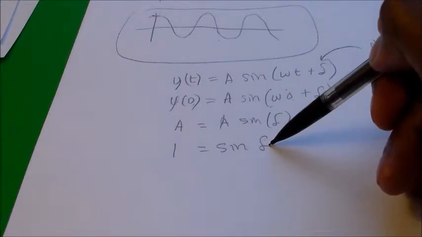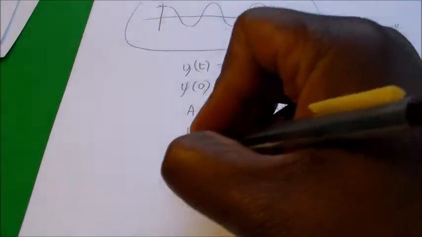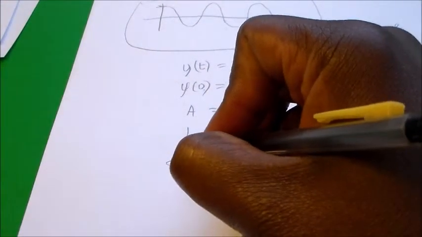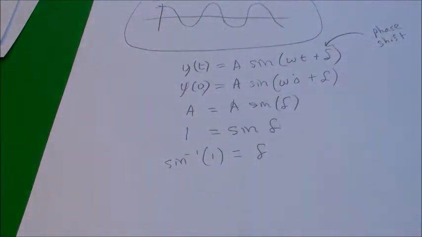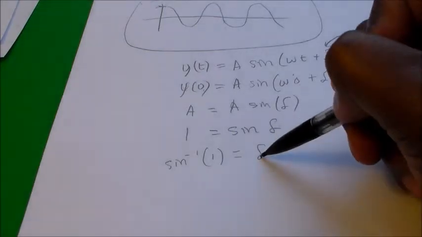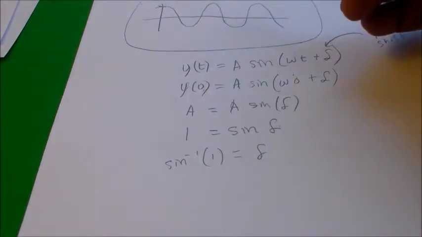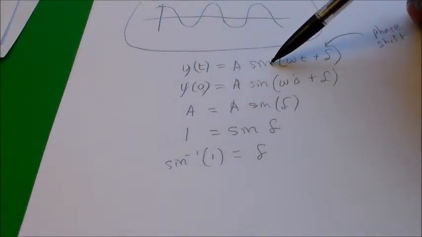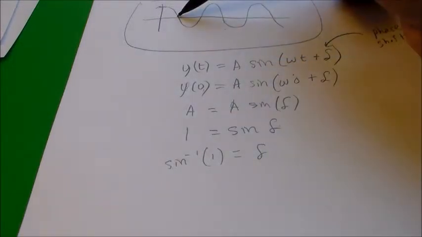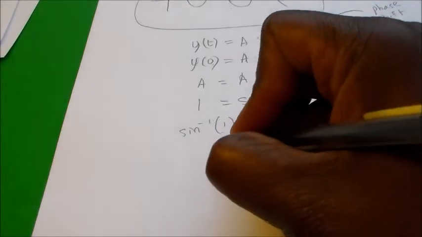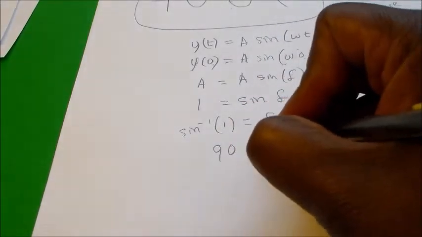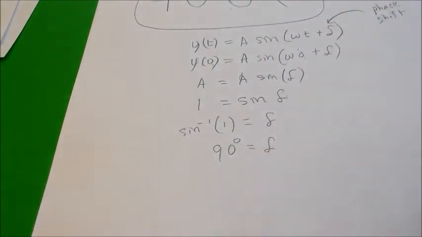So we can find what this phase shift is equal to by taking the inverse sine of 1, which is equal to the phase shift, and that will tell us what the phase shift is if we were to use the mathematical function sine to represent this cosine wave that's up here. And if you go ahead and calculate that out, you'll notice that you end up with a phase shift of 90 degrees.